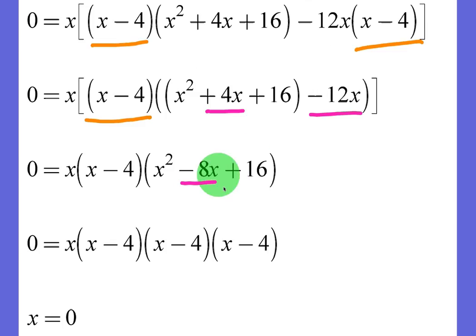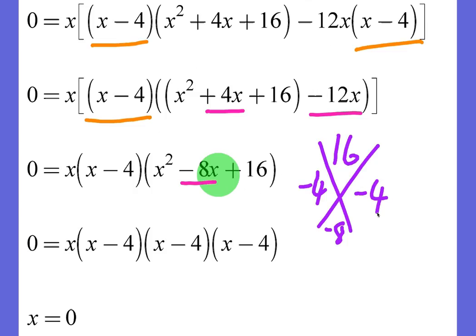Now this is a perfect square trinomial. If you were to use the x method, you'd have 16 on top, negative 8 on bottom, and 2 numbers that multiply to give you the top and add to give you the bottom are minus 4 and minus 4. And we can use the shortcut here because the leading coefficient is 1. So this factors into x minus 4 times x minus 4.